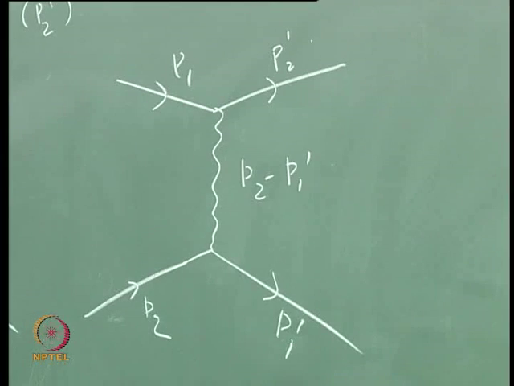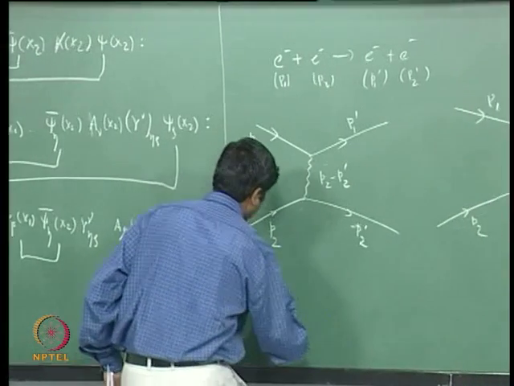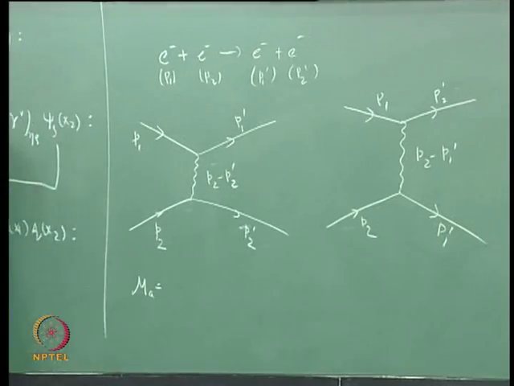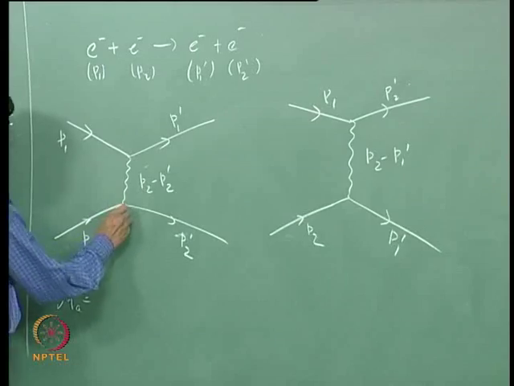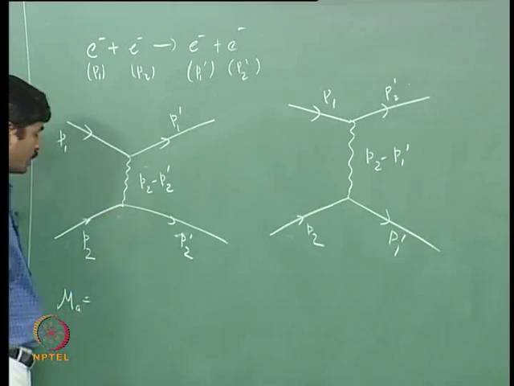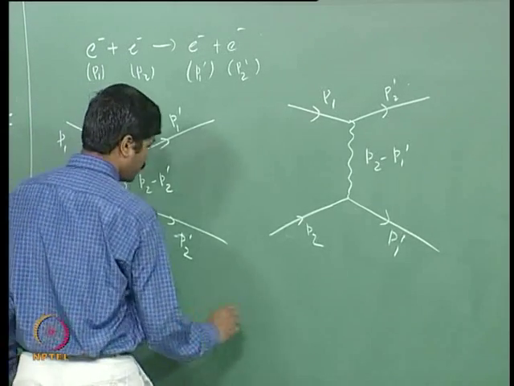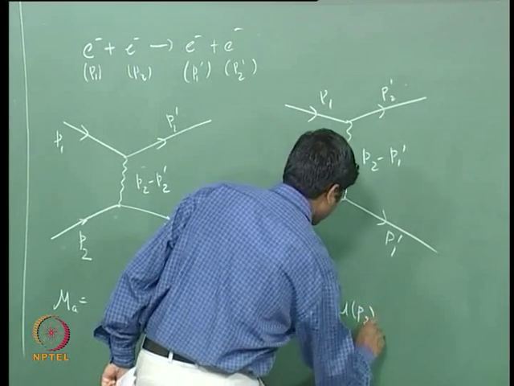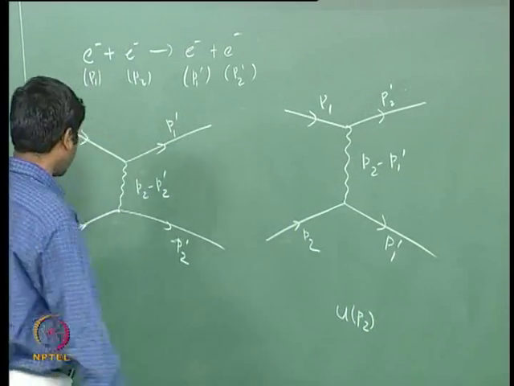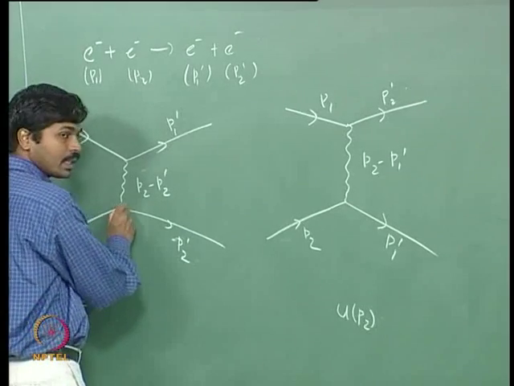This I will call M_A, the Feynman amplitude for this one is M_A. So, you start, let us say from here, you have an incoming electron of momentum p2, I will write this as u(p2). And there is an interaction vertex here.